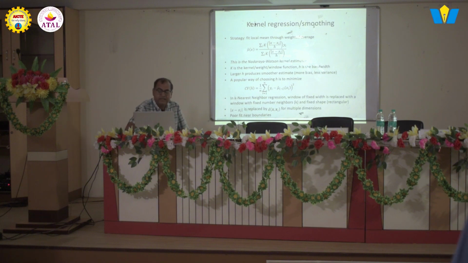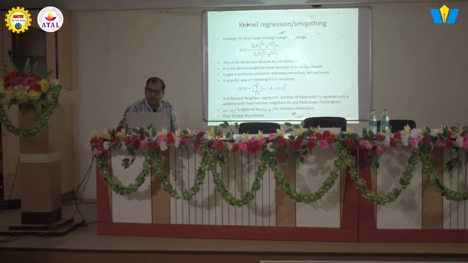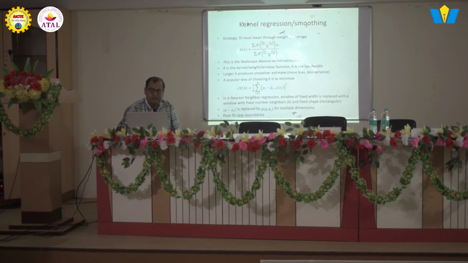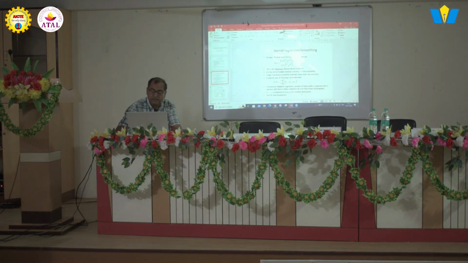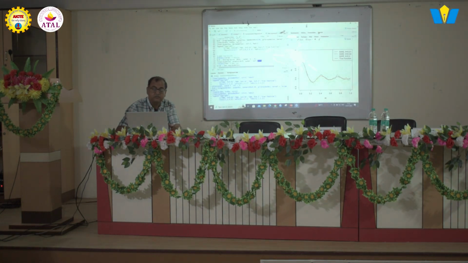So if you do that, then what you get is a variation of the kernel regression. It's called k-nearest neighbor regression. So then, let's see the illustration of that. This is the library from which the function for k-nearest neighbor regression is taken.